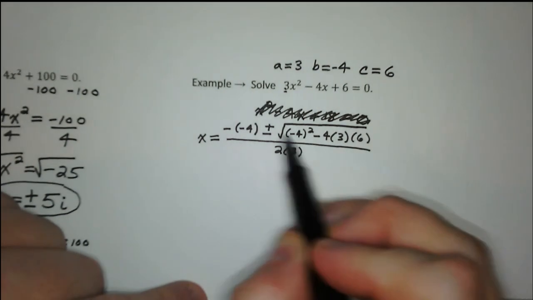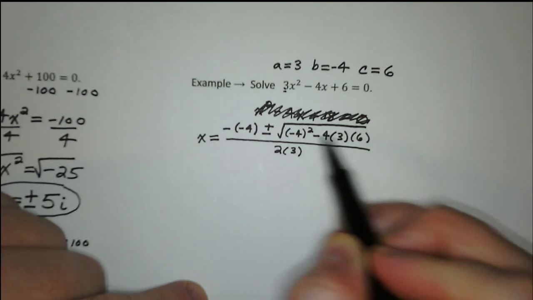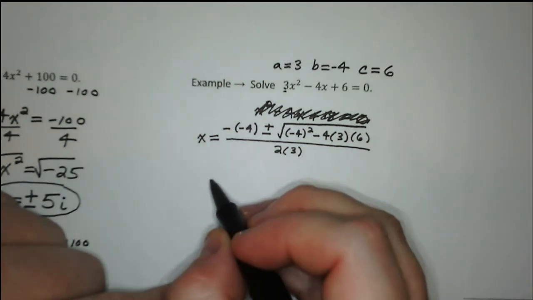Alright, we do have a negative b that you've got to be very wary of. At least there's not a negative c value, but again, mind your negatives, keep track of your negatives.